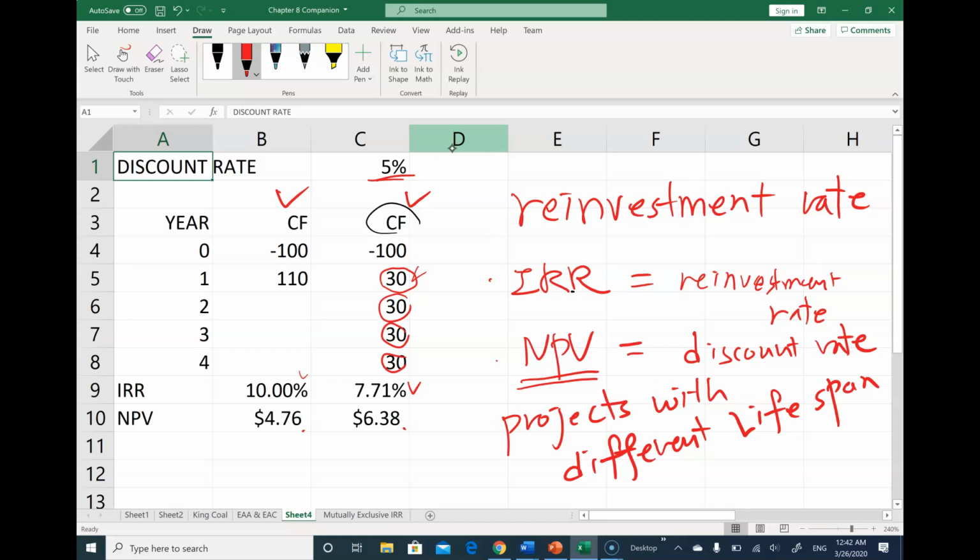What happens if we want to drop that assumption, right? So, for example, if the company can earn this money at the end of year 1 and can reinvest in the same project again. So what happens if this project is a recurring project?